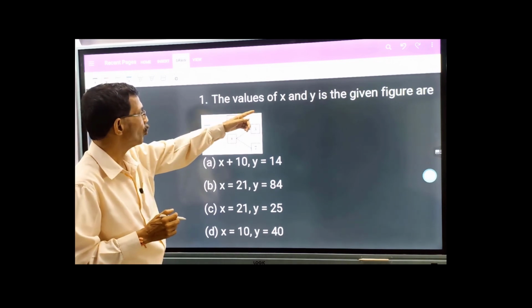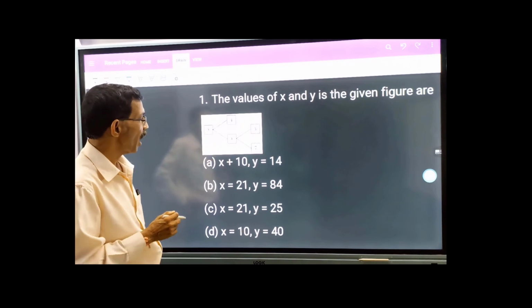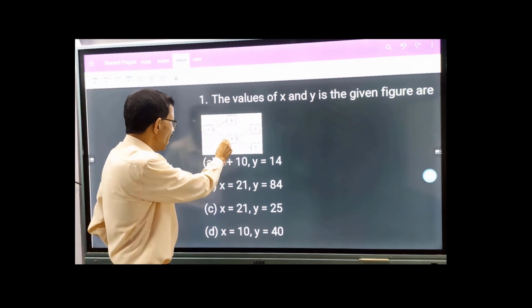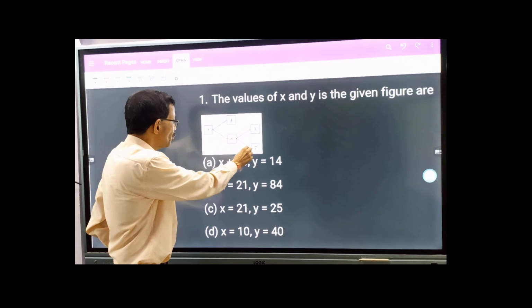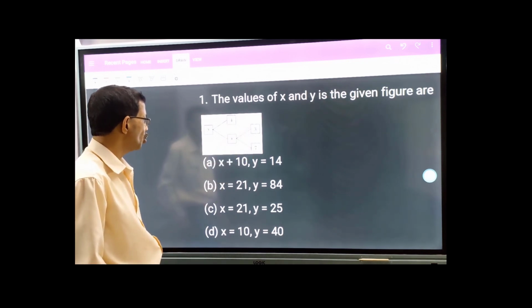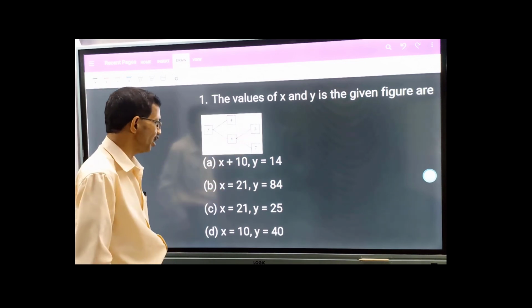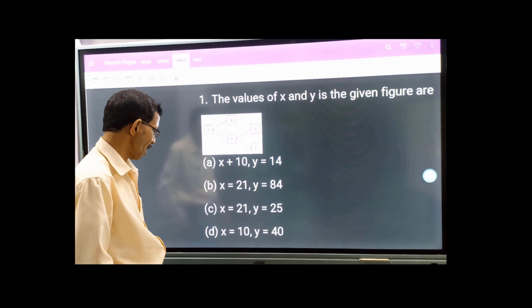The value of x and y is given in the figure. Here x will be 7 into 3, so factors of x will be 7 into 3. That should be 21.